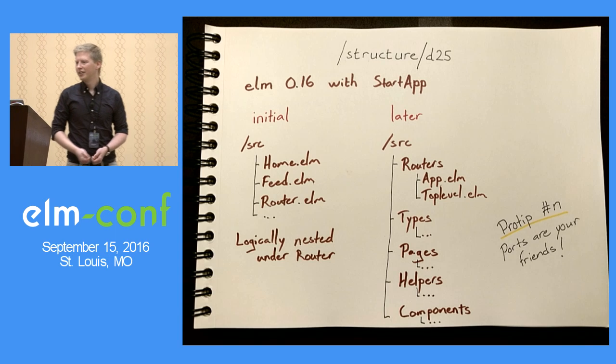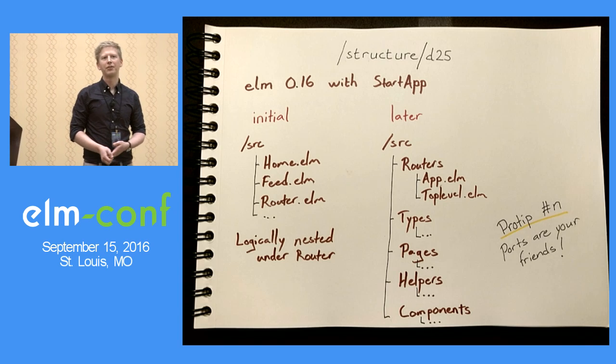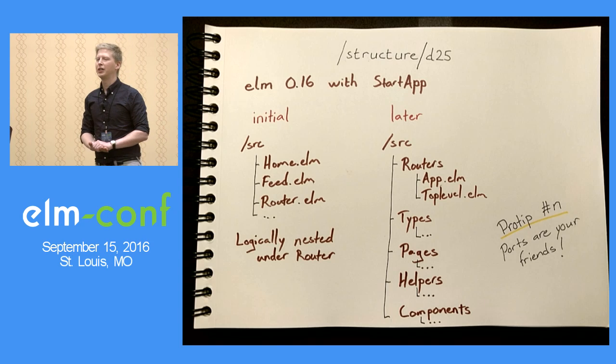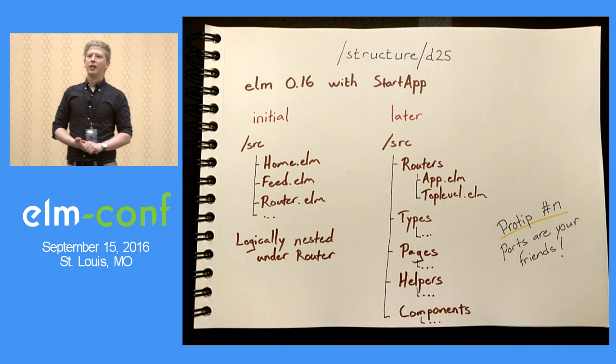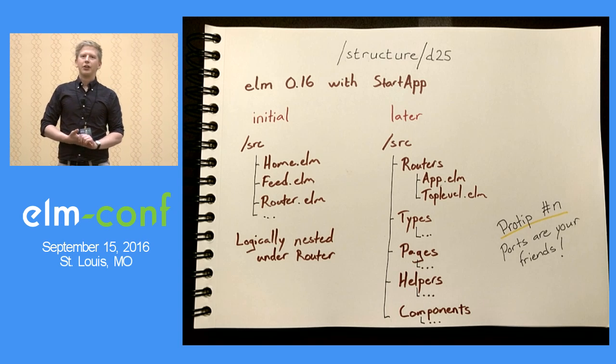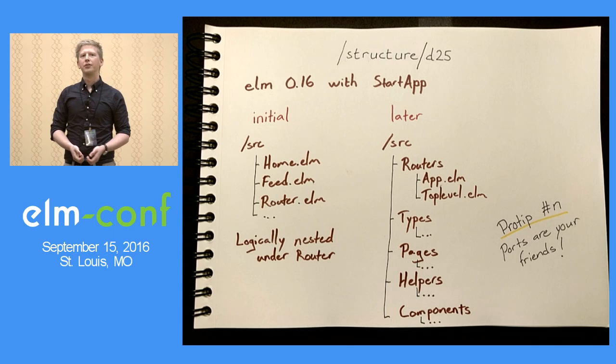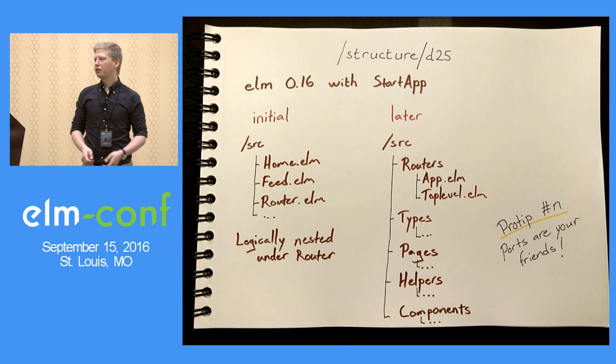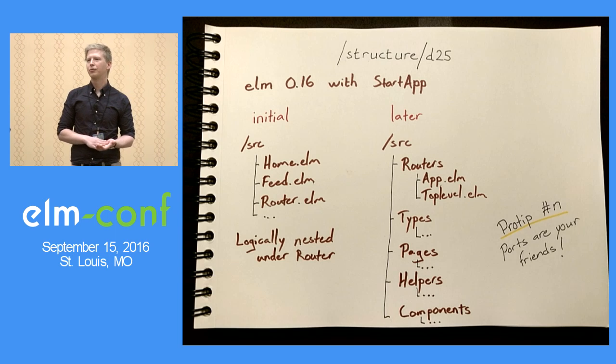But then later, once we had a lot of different use cases and how the modules interact, we decided to restructure it into something based on how the module is used. So this is our current structure. We have routers, which only have the app and the top level files.